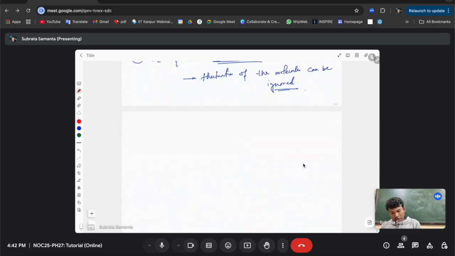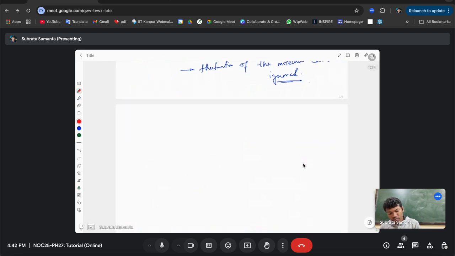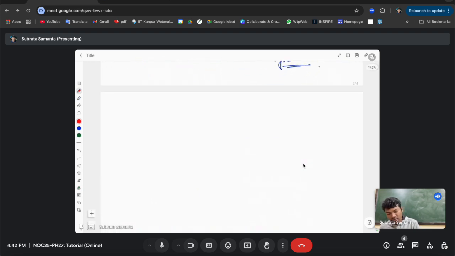I hope all of you have already seen this kind of distribution, where V is the velocity: f(v) is A times v squared times e to the power minus B v squared. So it is proportional to v squared, and there is an exponential factor, where v is the velocity.